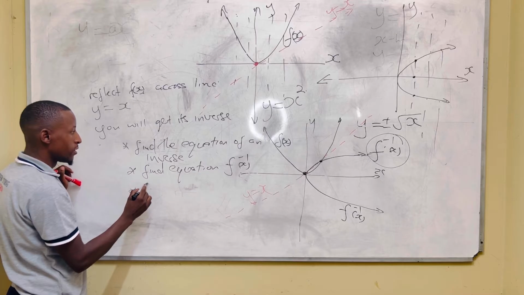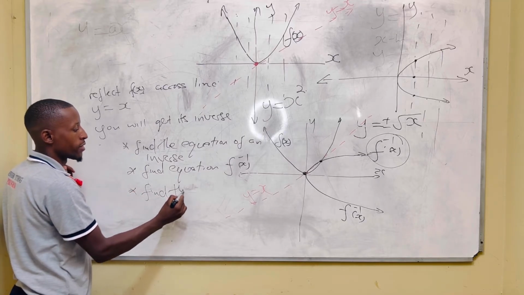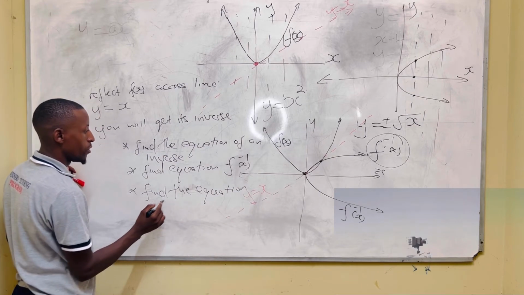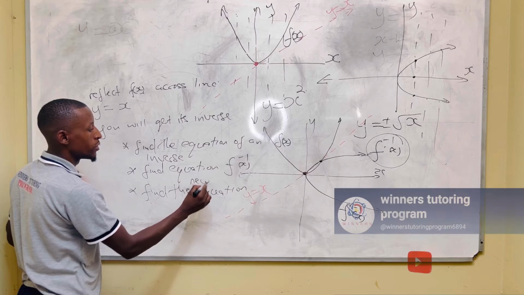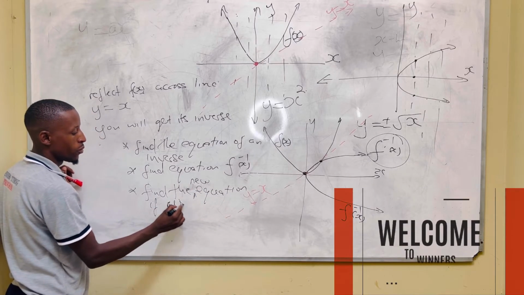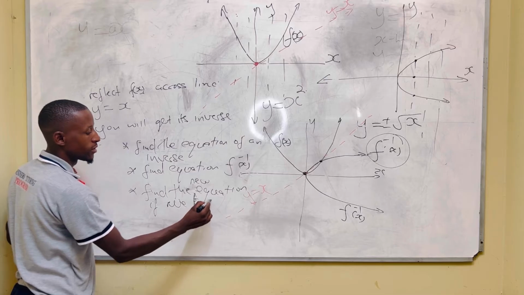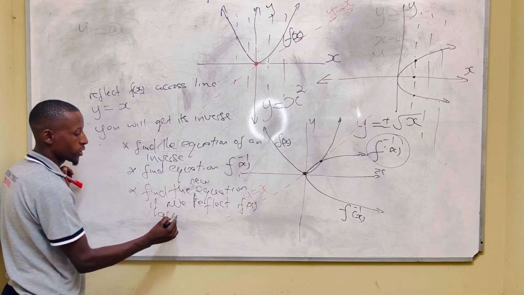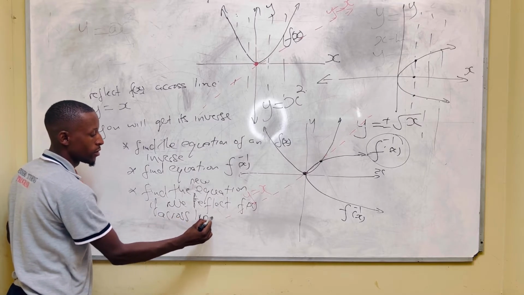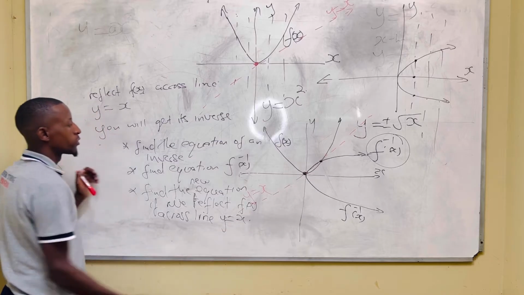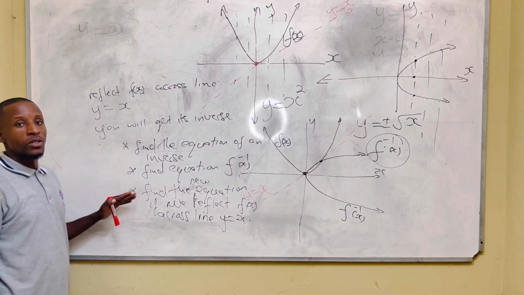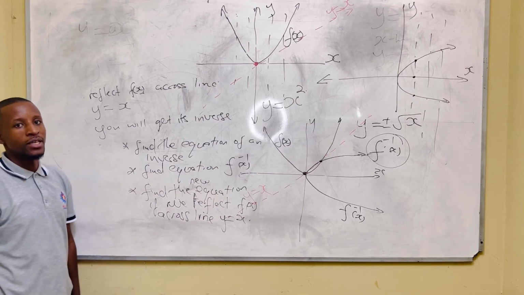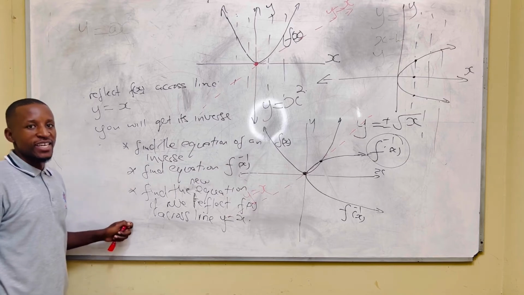Or they can say find the equation, or a new equation, if we reflect f of x across the line y equals x. So these three questions mean the same. If they say find a new equation if we reflect f of x across the line y equals x, you need to know that you're going to get its inverse.